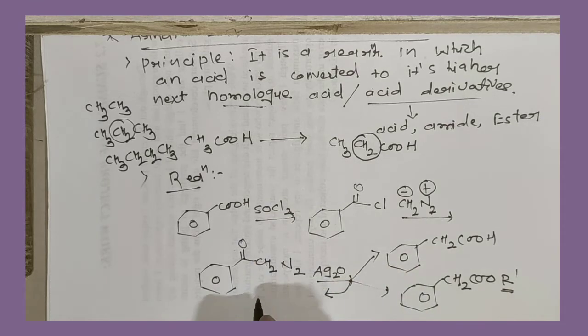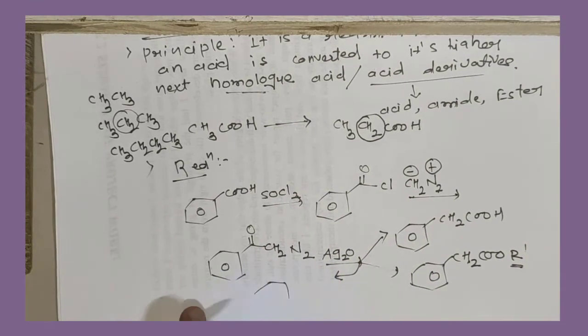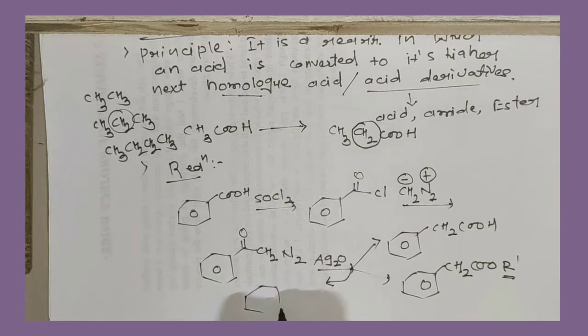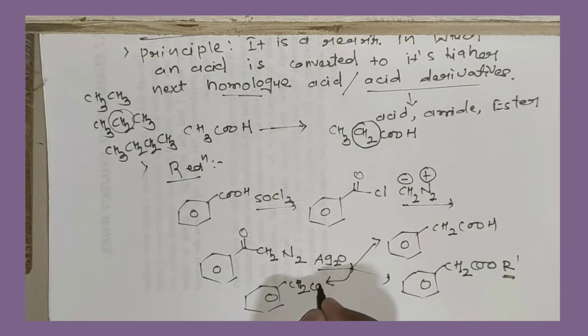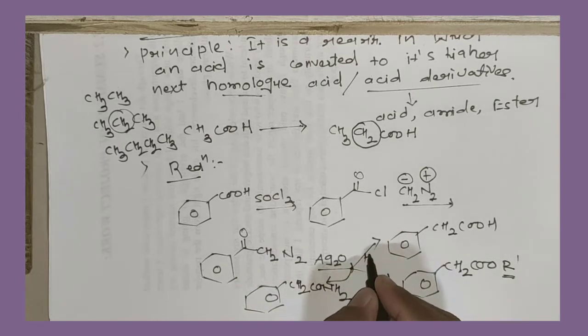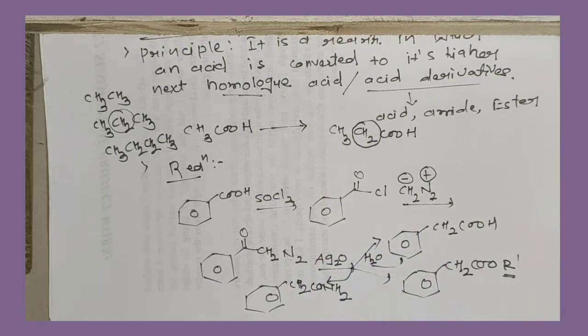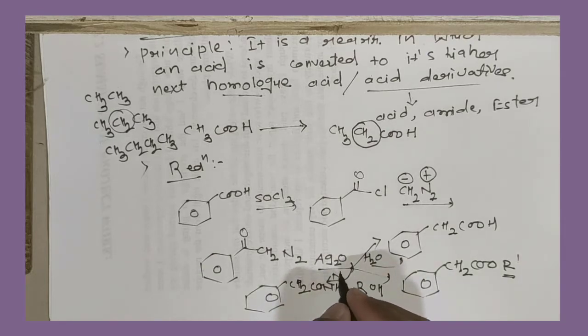Or it gives amide, CH2CONH2, right? So if we are adding water, it gives acid. If we are adding any alcohol, it gives ester, and if we are adding ammonia, then it gives the amide. So this is the reaction part.